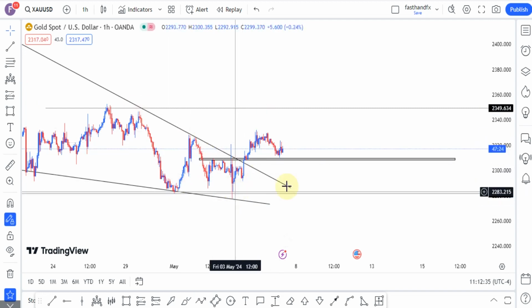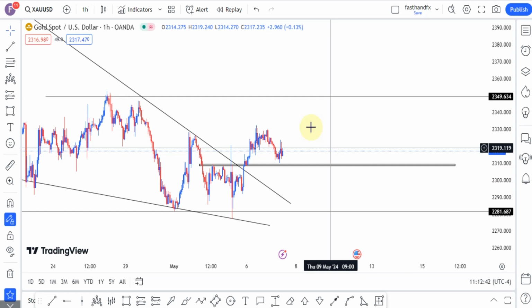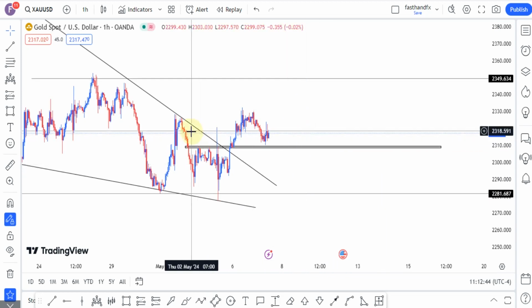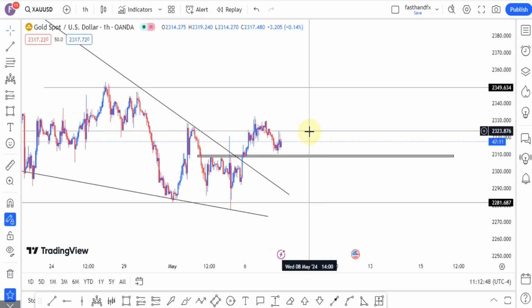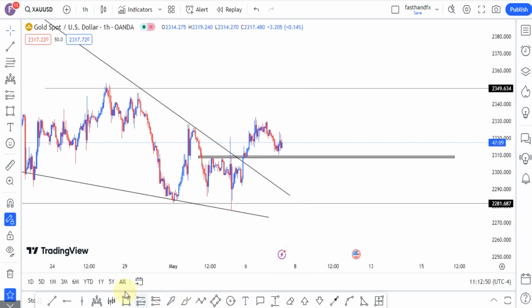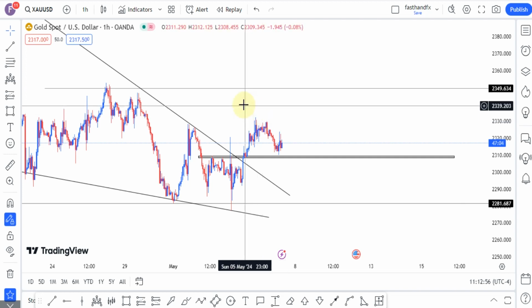Then after I saw that the market has broken above this area, I automatically knew that this market is bullish. And that means that when you understand that the market is bullish, you should be looking for only buys in the market, guys.